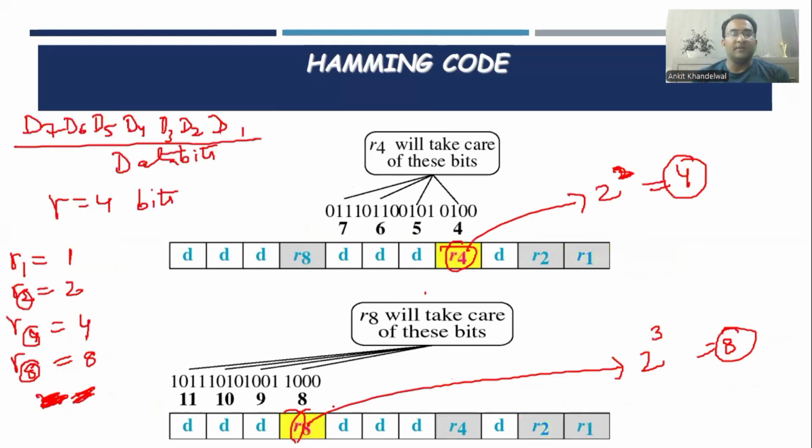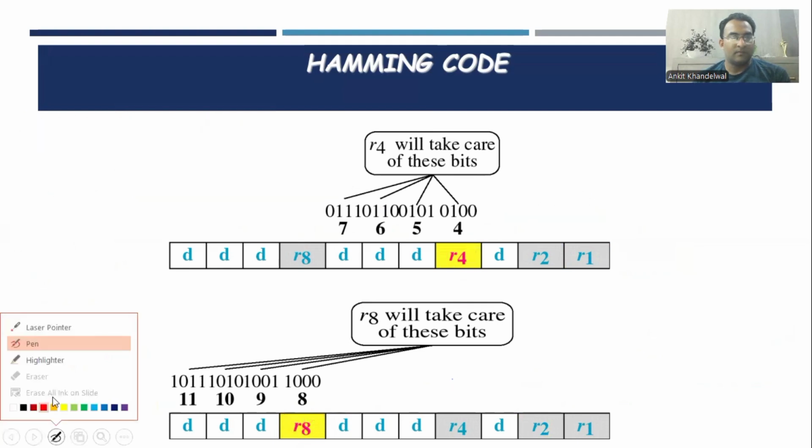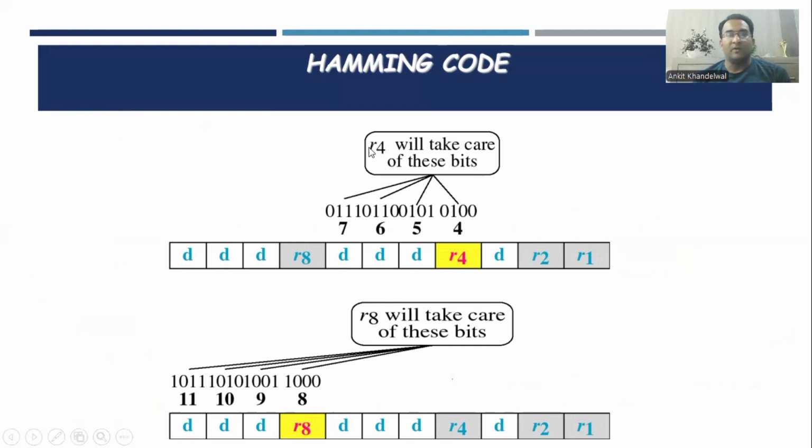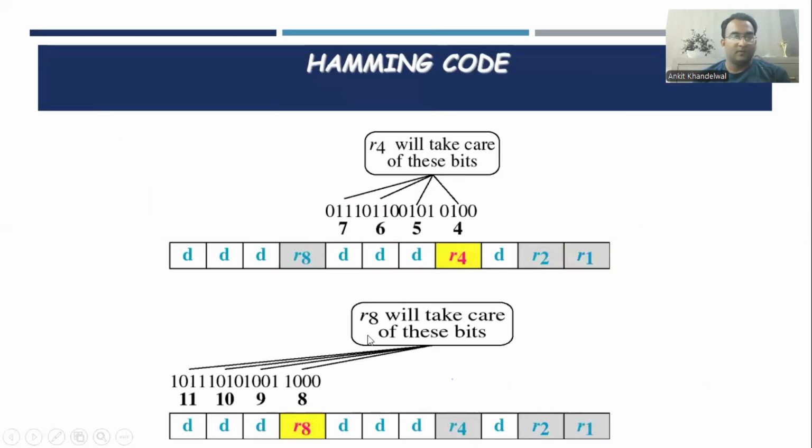Okay. Similarly, for the value of R4, R4 is at position number 4 there.